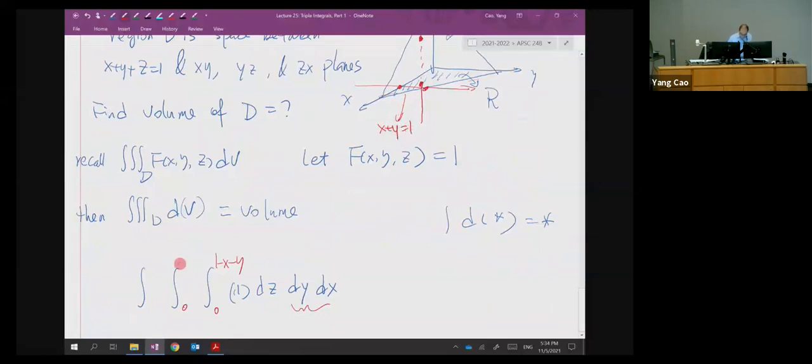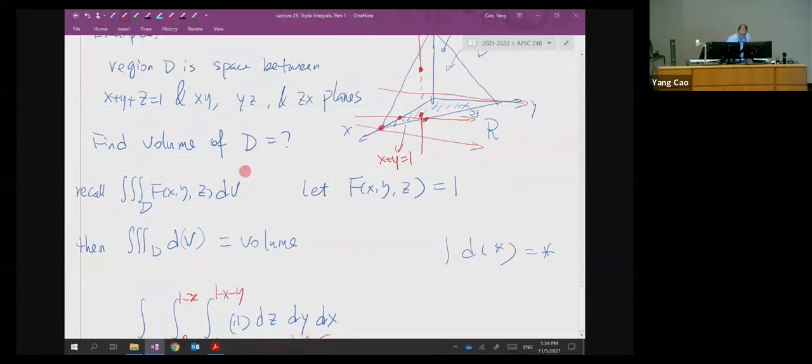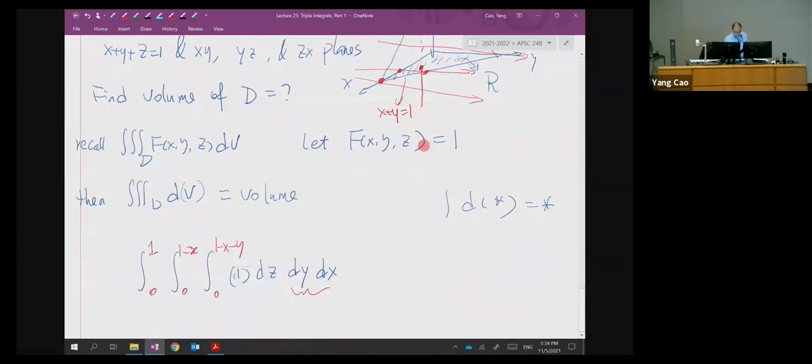Then the Y limit is 1 minus X. Final step, sweep this arrow line from one edge to another edge. That gives you 0 to this location, which can be easily obtained from this line equation, which is 1. So this is the setup for this triple integral.